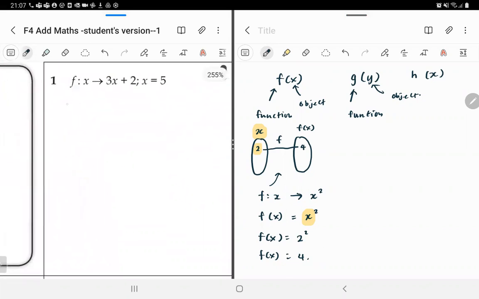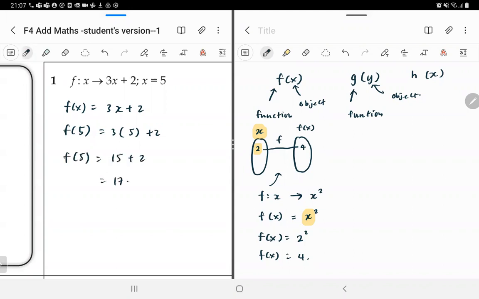Okay, so what you write is f(x) equals 3x plus 2. Where the x is 5, right? So f(5), replace the x with 5. f(5) will be equal to 3 times 5 plus 2. So f(5) equals 15 plus 2.